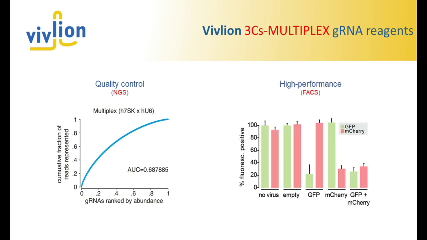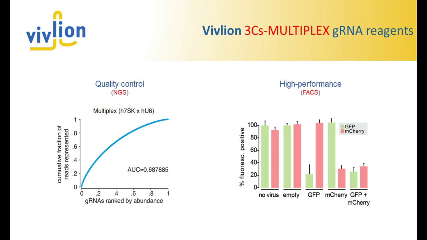Are those reagents functional? That's of course the question here. This is shown on the right hand side. We now took this reagent or reagents and transduced them into GFP mCherry positive expressing cells.